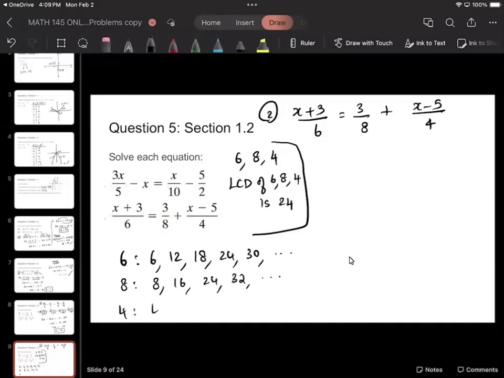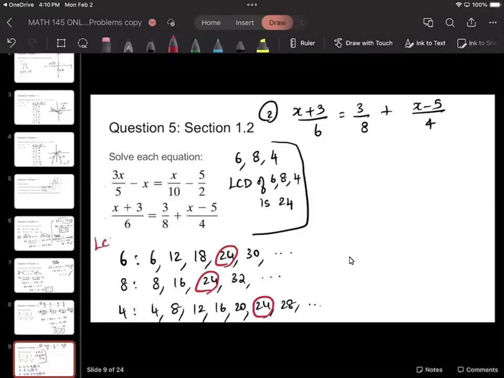Multiples of 4: 4, 8, 12, 16, 20, 24, 28, and so on. So the first number which seems to be common for all three is 24. And that's how you find the LCD. There are other methods, of course, but I'm just showing you one method.